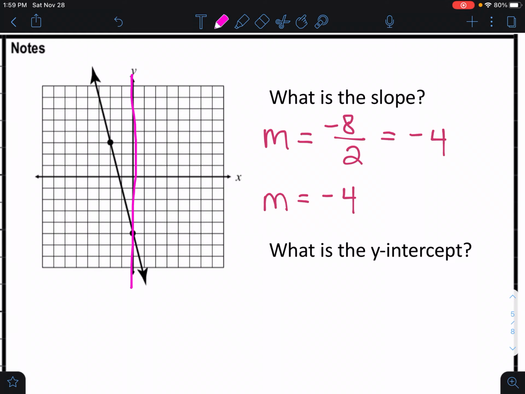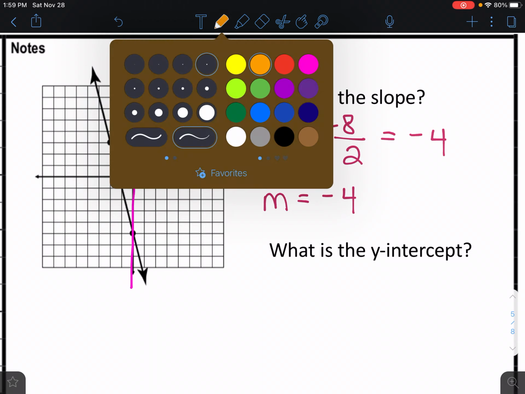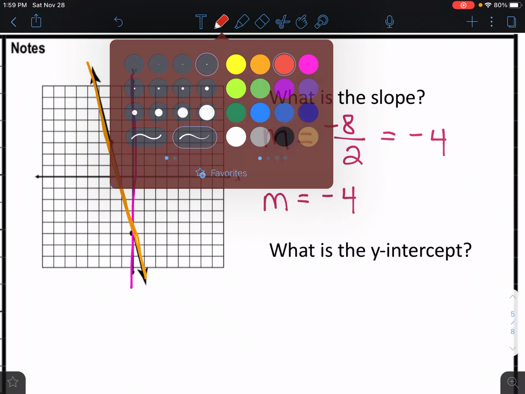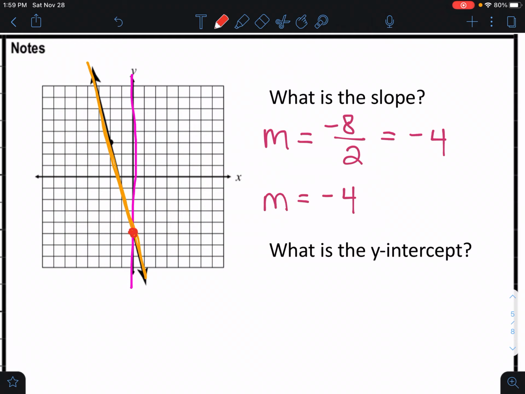You'll notice here's our line, right? So I want to say, where does this orange line cross the pink line? Okay, and you'll notice that it is right here. Okay, so what is this point?